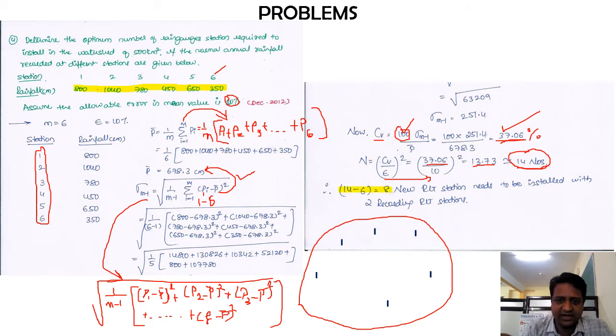So ultimately we require 8 new rain gauge stations. You can highlight it as, let us say, new 1, 2, 3, 4, 5, 6, 7, and 8.